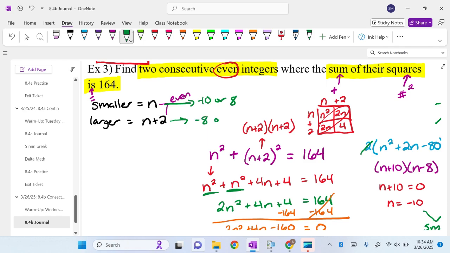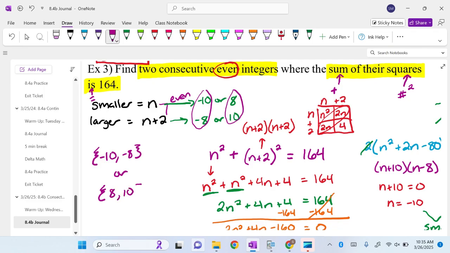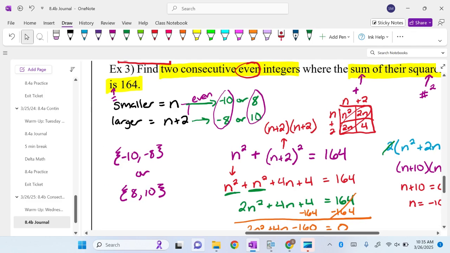Negative 8. What's 8 plus 2? 10. So these are my 2 sets of consecutive even integers that fit our scenario. So we would write it as the set of -10 and -8 would work, or the set of 8 and 10 would work for our answers.